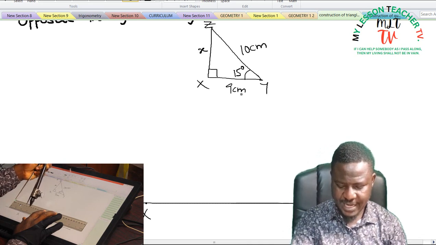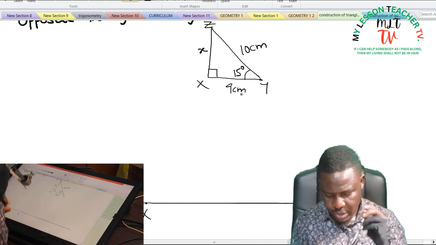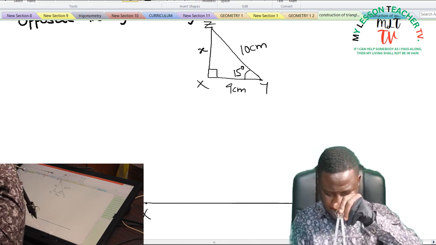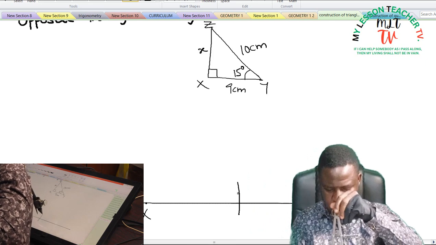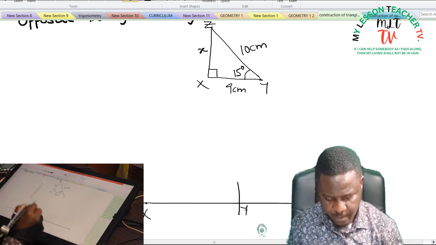But why I'm using 9 cm is so as to have a bigger triangle for you to see what I'm doing. So this is 9 cm. With X as center, construct an arc 9 cm. So this is my 9 cm. I'll call it point Y.